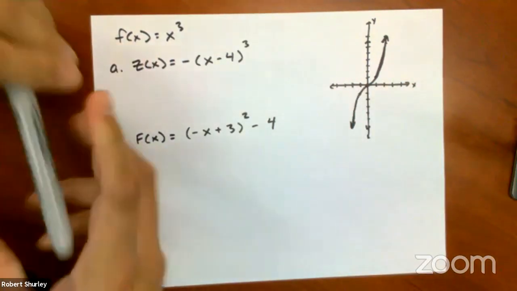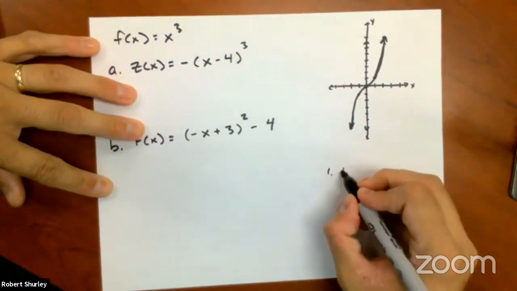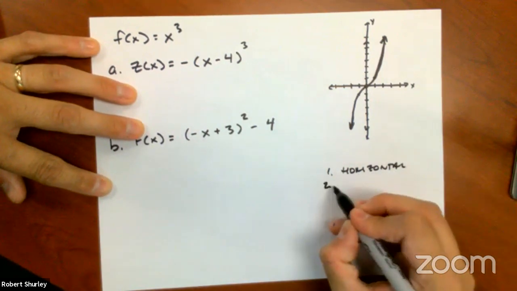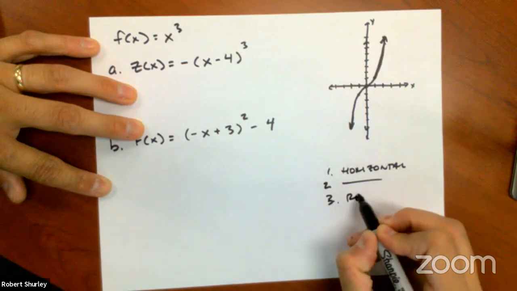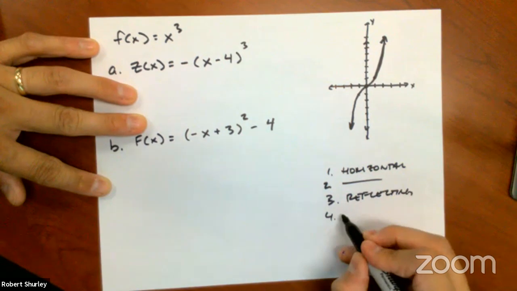Let's start the first one. Now I've got to remember that order. First we're going to do horizontal. Second, I think, was the stretching or shrinking. We don't have to worry about that. Third is reflecting. And then the last is vertical.